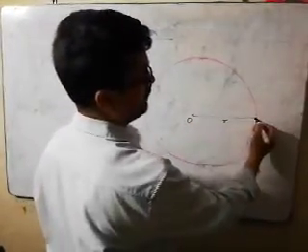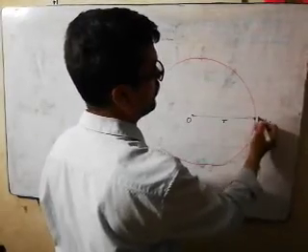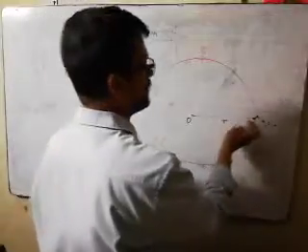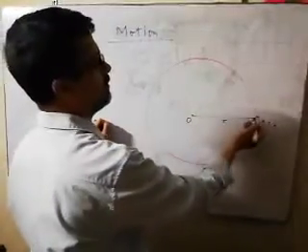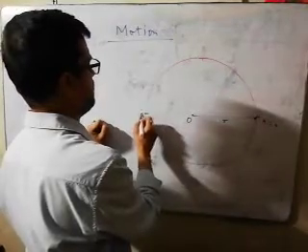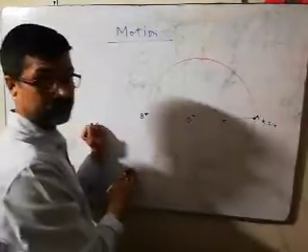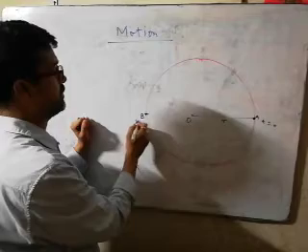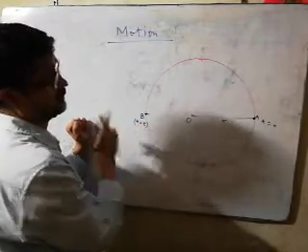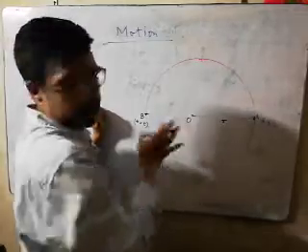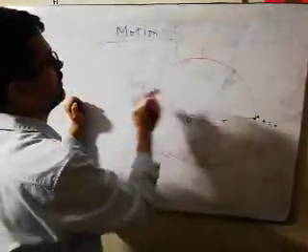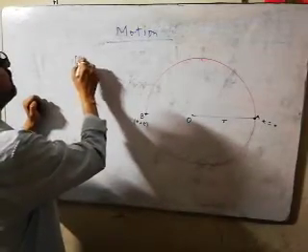The particle at t equal to 0 was located at point A. And after some time interval t, maybe the particle is at point B. So in this time interval 0 to t, how can we find displacement?